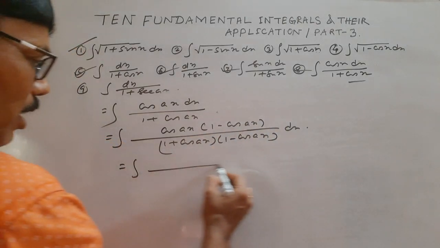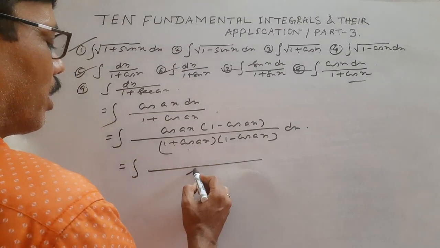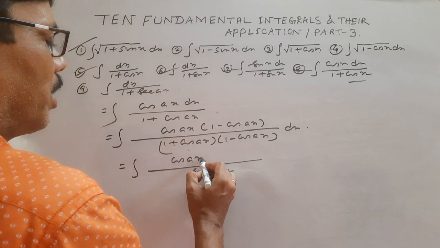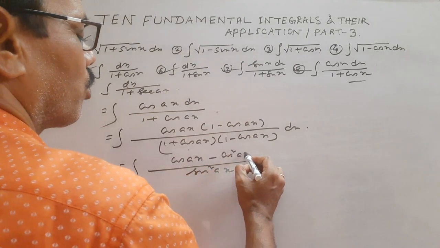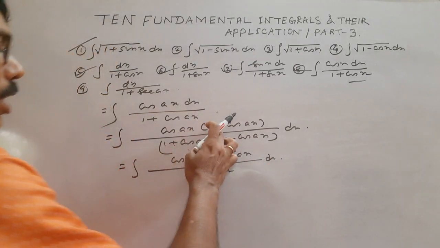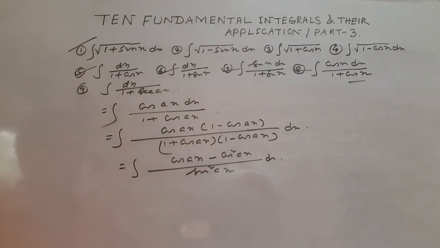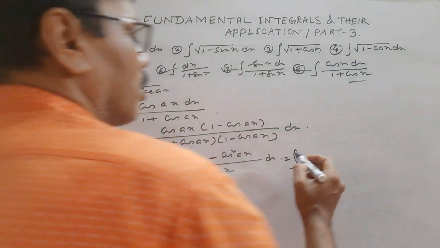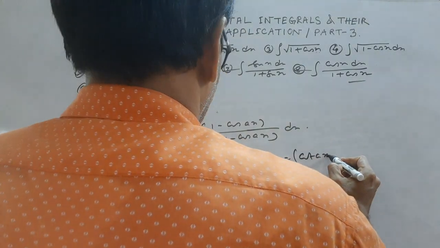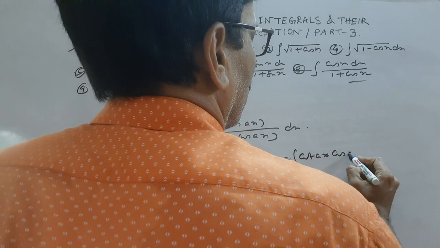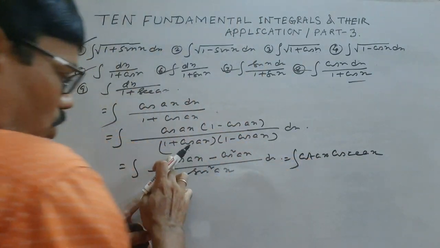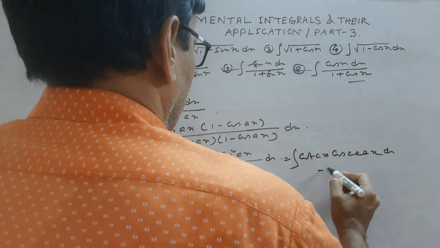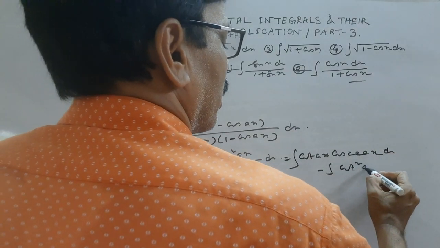Now the denominator is 1 minus cos square x, so sin square x. So this is our main term, cos square x. Cos x into this. Now this one is single, so term by term. So this is cot x cosec x, this one cos by sin, and this is cot square x.